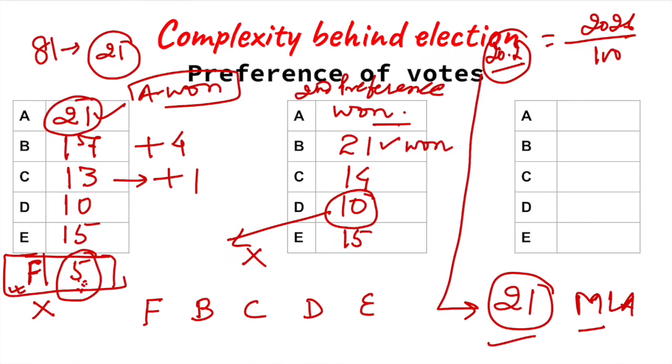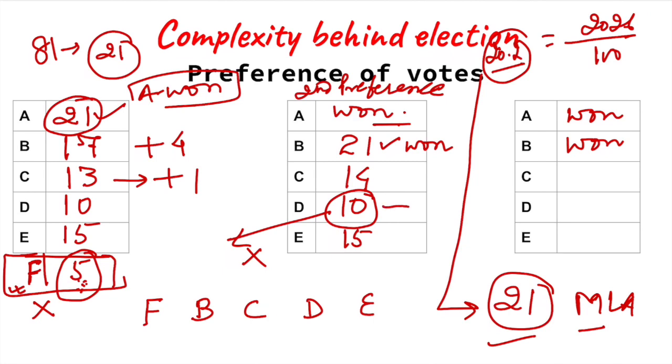Now we will go for the third preference vote. A has won, B has won, and now the 10 votes of D will be distributed between C and E based on the third preference. For example, these 10 MLAs have D as the first preference and C and E as further preferences.